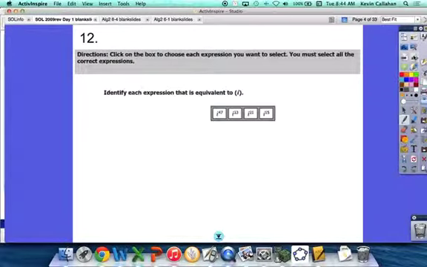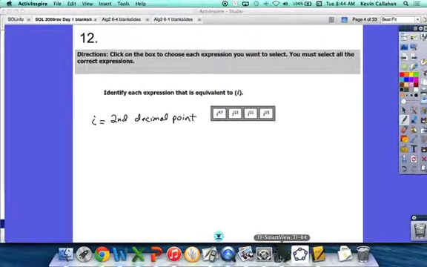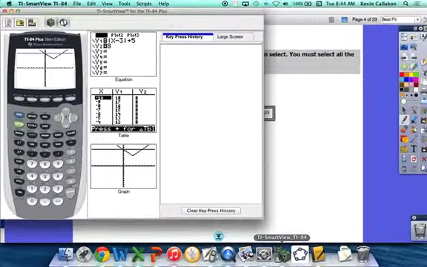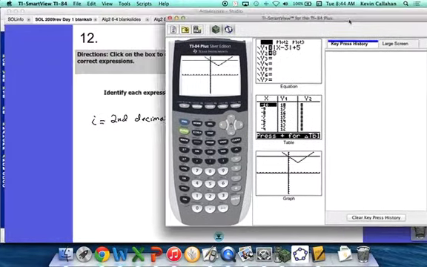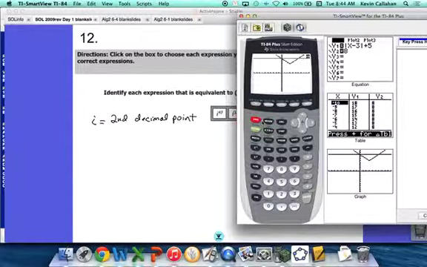Where do you find the i? Second decimal point, right? Okay, so if I put in the calculator, clear.